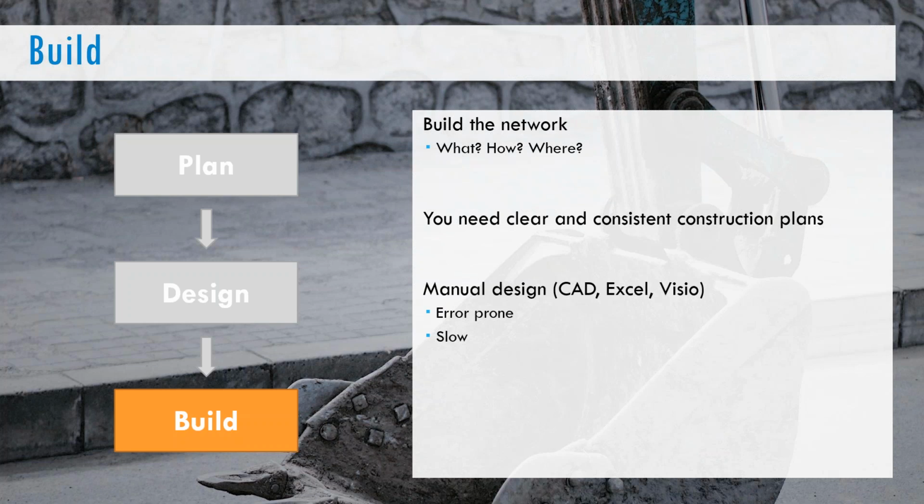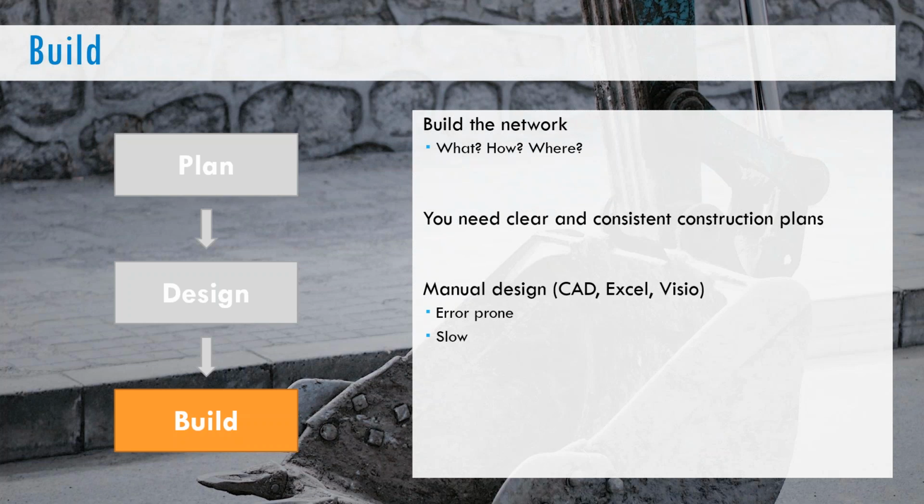Now, for this, you can go to, again, a manual design process using CAD tools to draw the network. You can use Excel for creating your splice overview. You can use Visio or also CAD for drawing diagrams that can help the field teams. But again, what we see here is quite error prone.